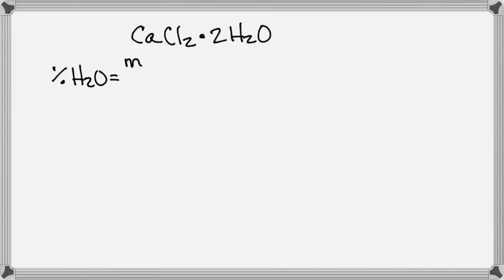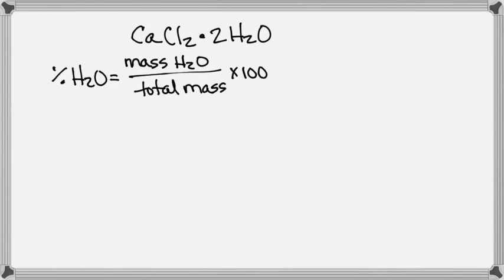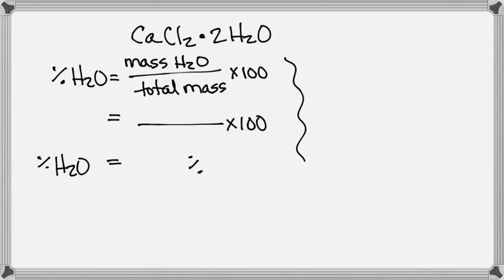That means we need the mass of water, H2O, divided by the total mass of the entire compound. That's calcium chloride and water all together, times 100. So I'm going to work down in this one to get our answer for percent water. And off to the side, we're going to do some math.